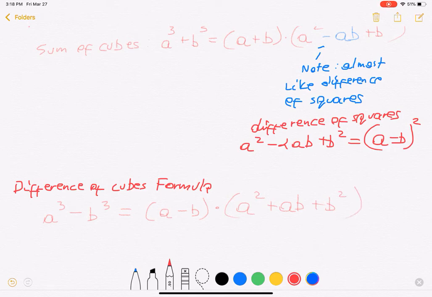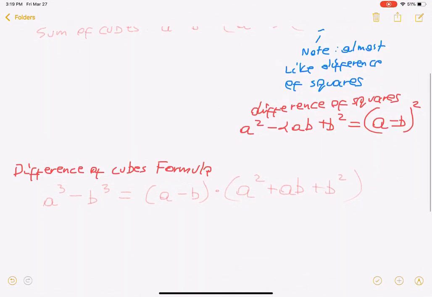So let's talk about it. So couple things. Difference of cubes. So the first parenthesis will have a difference. You follow the sign. However, the second parenthesis, if you have a minus, that middle expression will be the opposite of what you see, which will be plus.